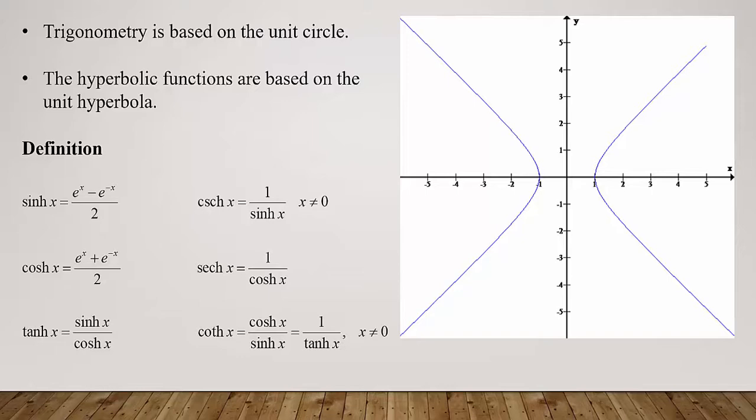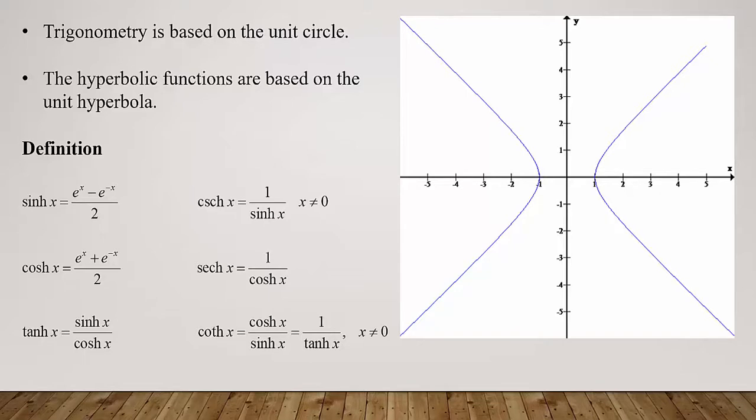That kind of reminds me of trig. Notice that hyperbolic cosecant is the reciprocal of hyperbolic sine. Notice hyperbolic secant is the reciprocal of hyperbolic cosine. And notice that hyperbolic cotangent is hyperbolic cosine over hyperbolic sine, or the reciprocal of hyperbolic tangent.